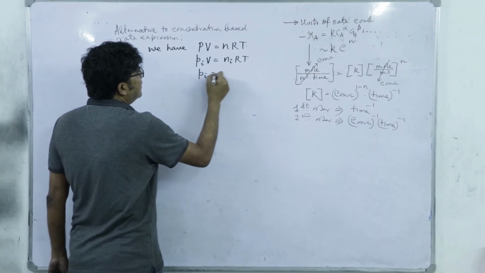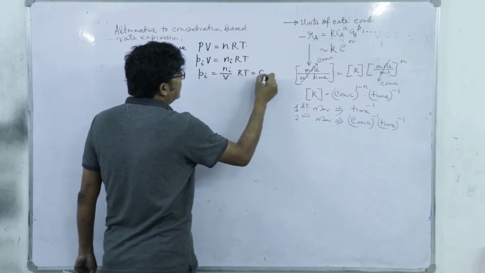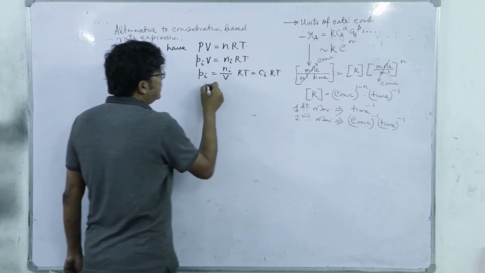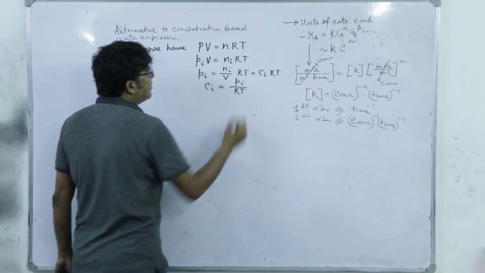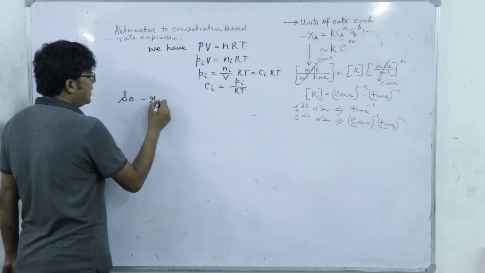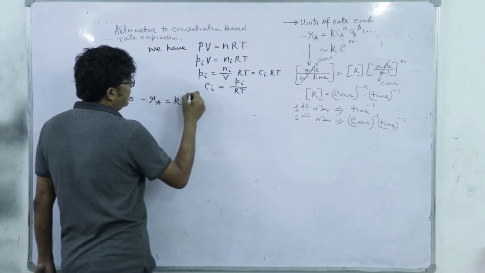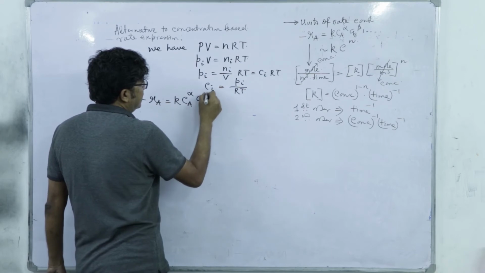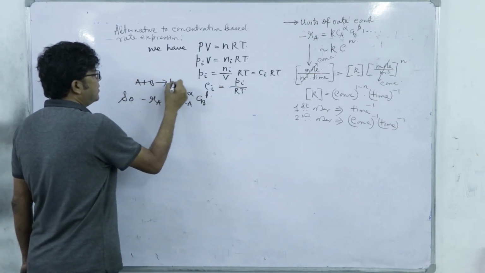So, Pi, which is Ni by V RT, is equal to Ci RT. So, concentration Ci is equal to Pi by RT. So, minus rA, whatever we have written, k CA to the power alpha, CB to the power beta. Let us say it is A plus B giving product.